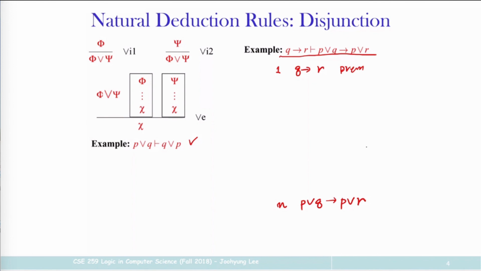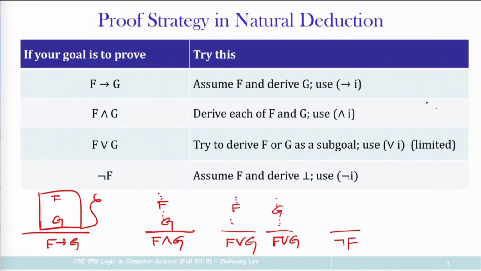Implication introduction rule, yes. So what that means is you need a box, and inside the box, what is the first line of this box? Are we too fast? Let me repeat what we had. Our goal is F implies G. In order to do that, this is the trick that we can do.